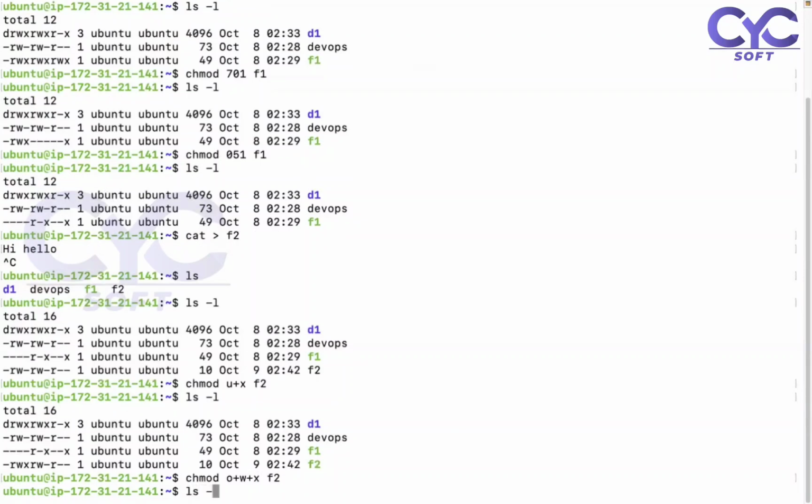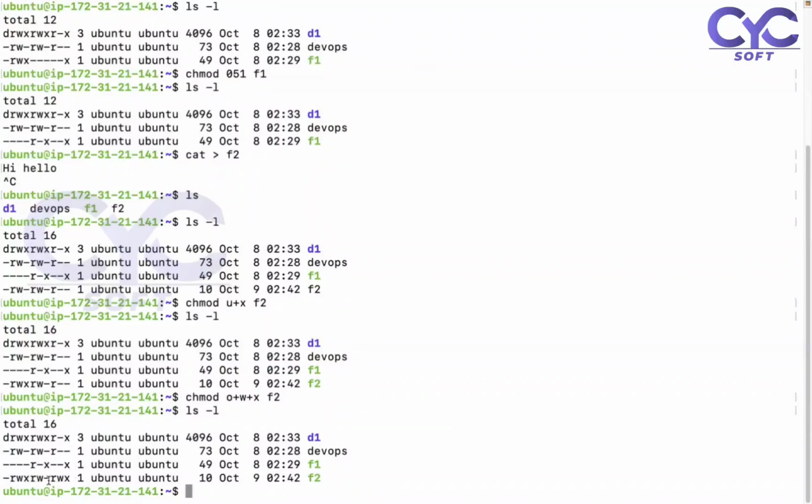If I go with ls -l, see here, the permission is added for others.